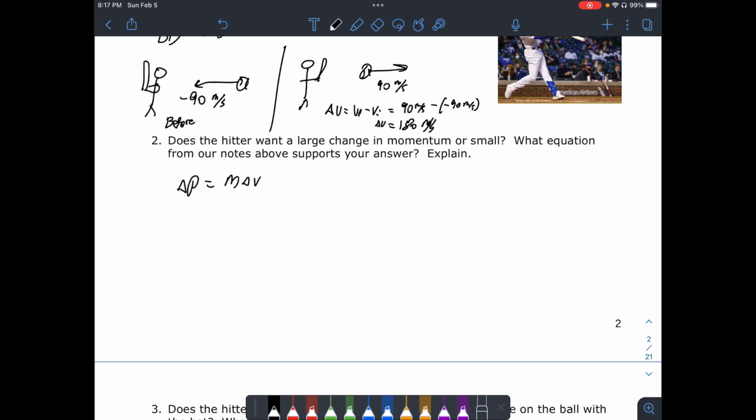So if we have a large change in our velocity, we're just multiplying our mass and velocity together, so we're going to get a large change over here as well. So this is a large change in momentum.